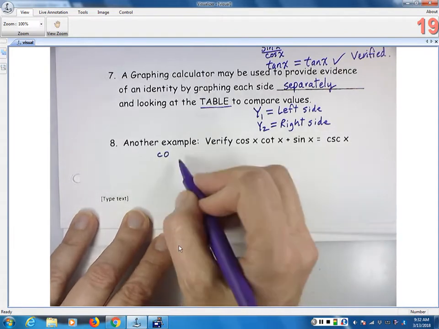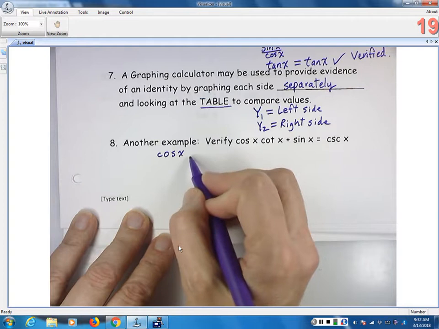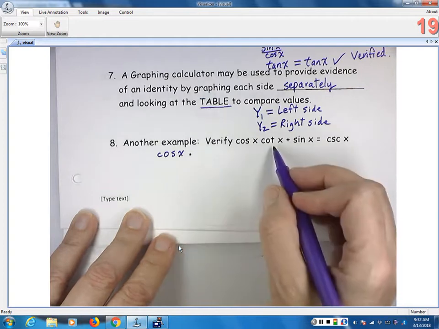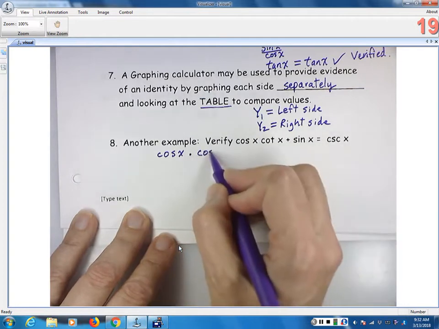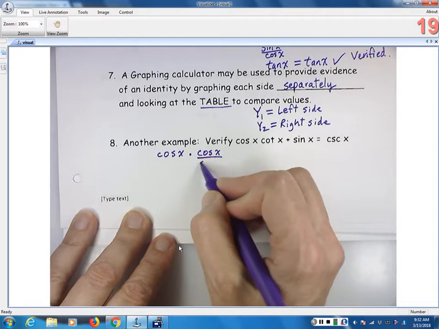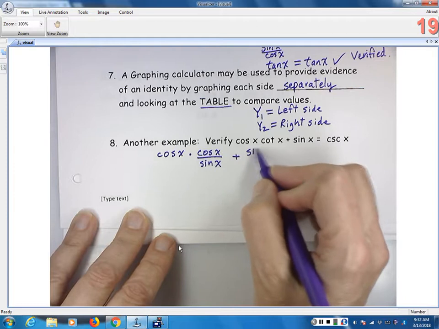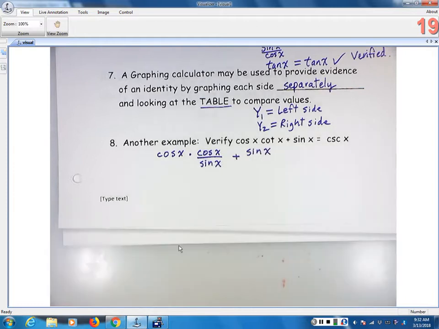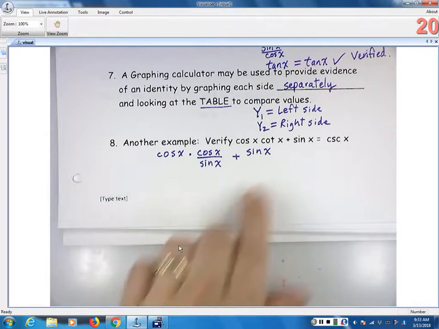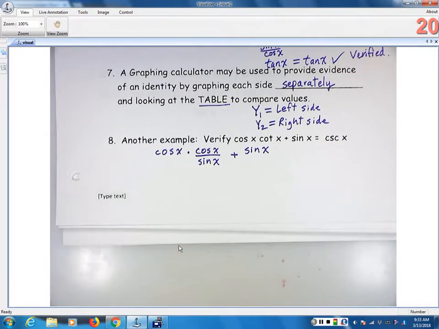So cosine x stays as cosine x times cotangent is cosine x over sine x plus sine x. Okay, so I've rewritten it. Well, here, you gotta know how to do fractions.